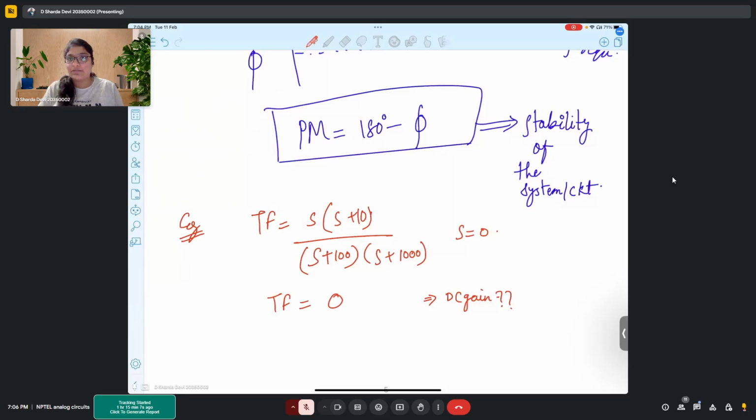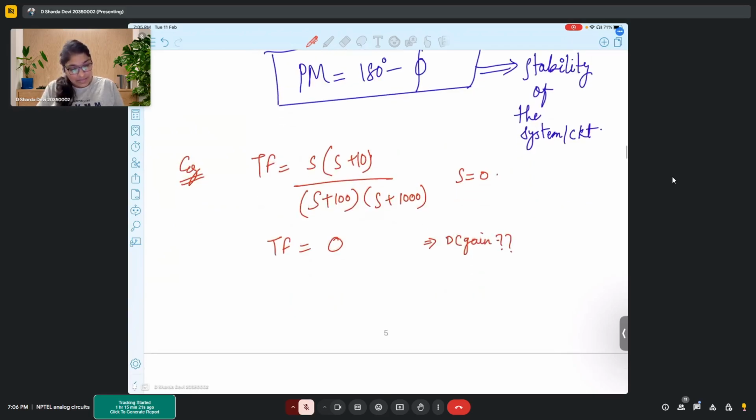So this is the situation, right? You cannot have a value. What ideally is done in such cases is you take s common from the numerator as well as the denominator.